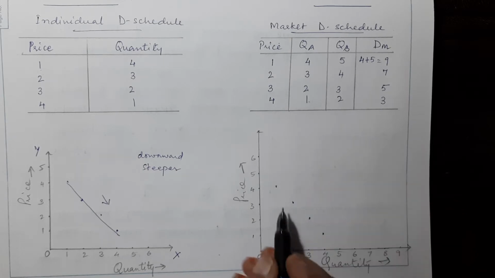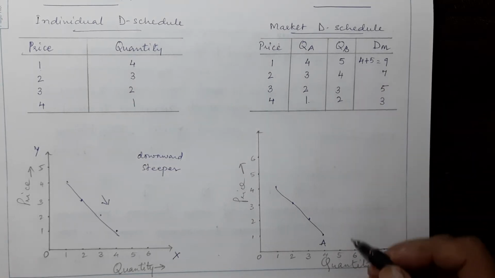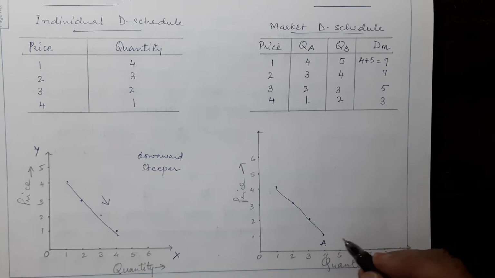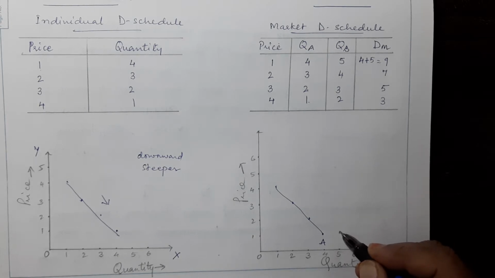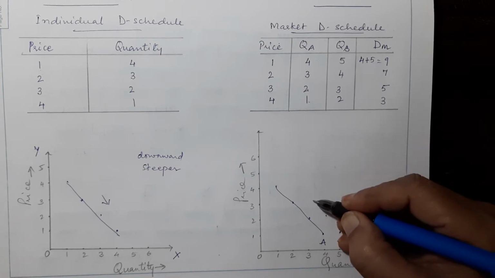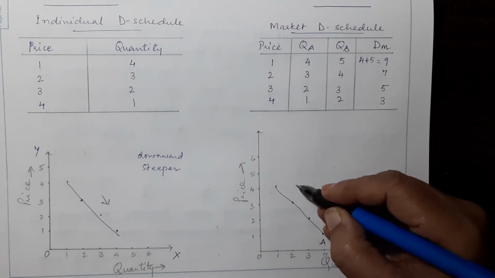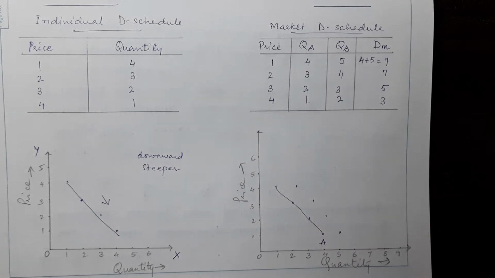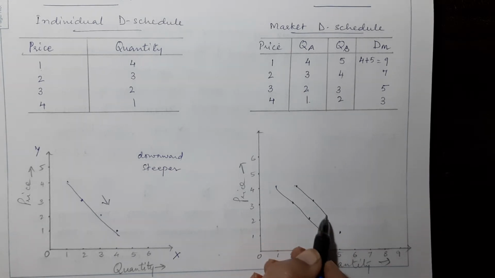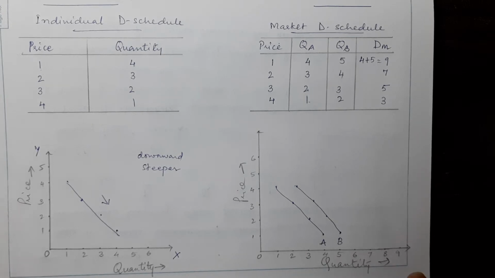So this is the demand schedule for consumer A. Consumer B's schedule is, for 1 rupee there are 5 units, so it's somewhere over here. Then 4 units for 2 rupees, 3 units for 3 rupees and 2 units for 4 rupees. Right? So this is going to be consumer B's demand curve.